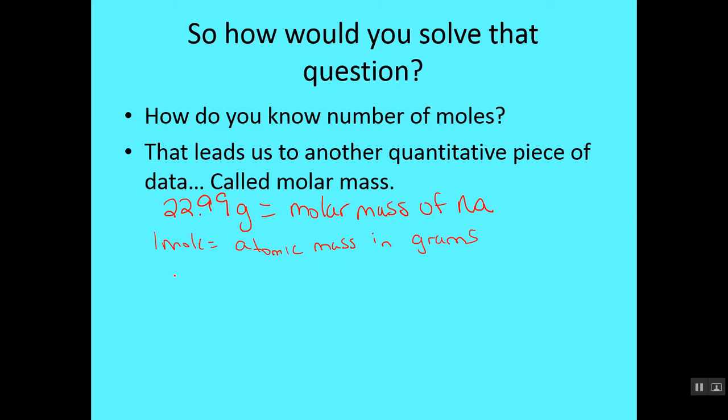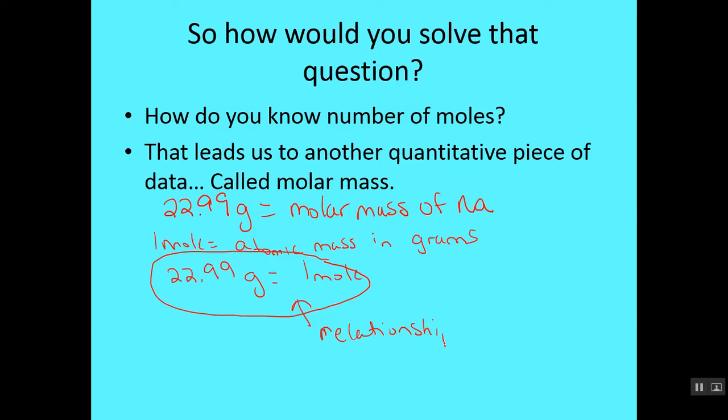So what we're saying now is that we have another relationship, based on this relationship for sodium: for every 22.99 grams of sodium, we have 1 mole. Again, notice one more relationship that we could use in solving some sort of dimensional analysis problem.